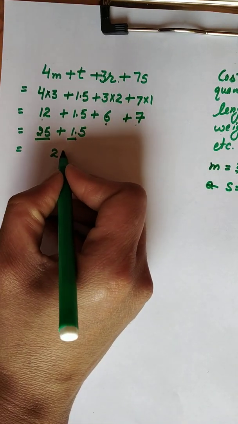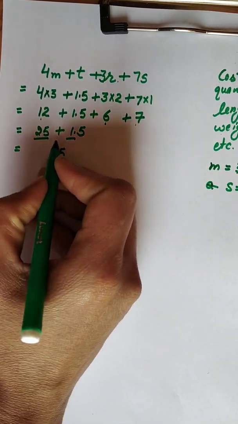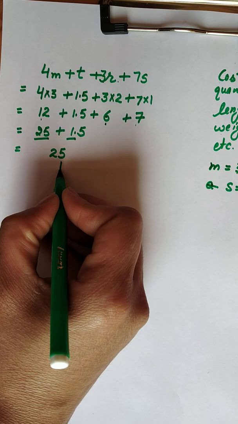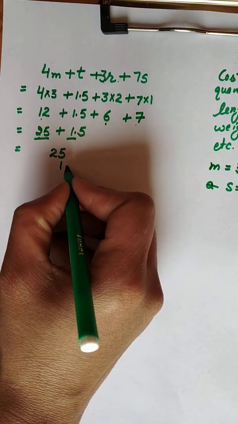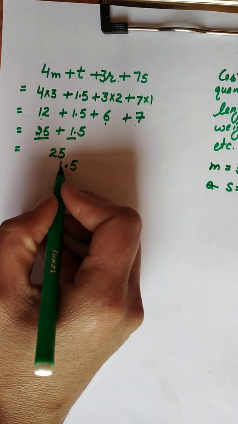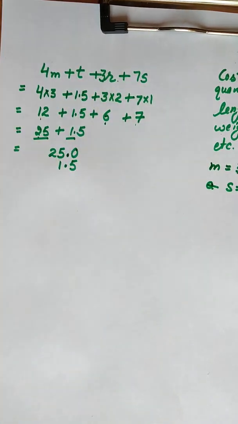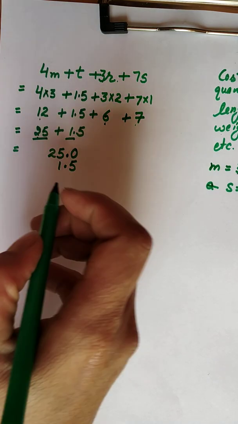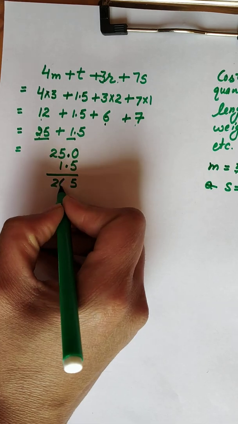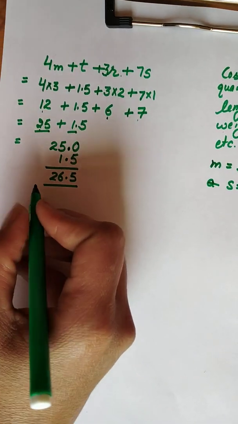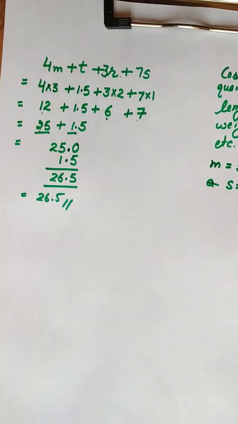If you remember, in junior classes you have learned how we add them. The whole is added to whole. That means 1 will be written here. 25 full and 1 full. And here we have 0.5. And here after the point we do not have anything. So 25 can be written as 25.0. So this is your 26.5. Okay, so that means this is your 26.5 answer.